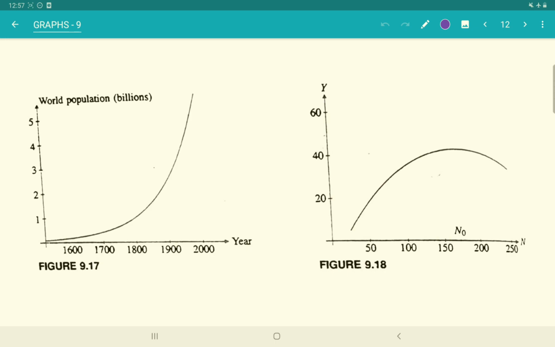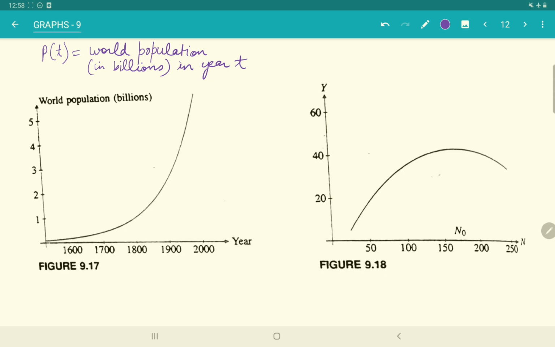p, and here p of t is world population in billions in year t.